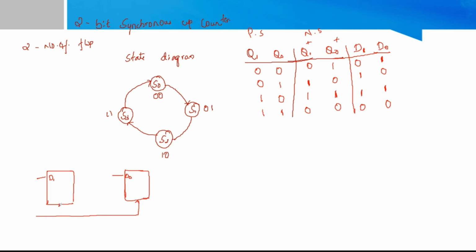So for that you have to get the equation. This is the clock, this will be Q1 and this will be Q0. So you have to get the expression for D1 and D0. How will you get the expression? Which K-map do you need?